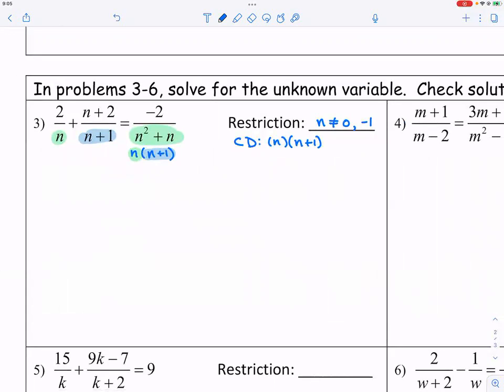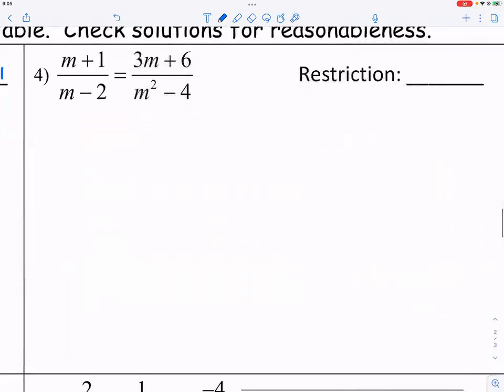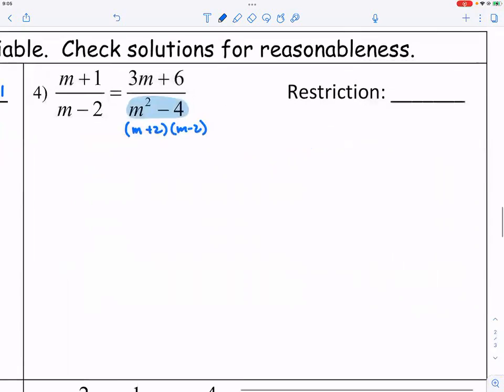See if you can find a pattern on how to get the common denominator. Right here, we see m squared minus 4, so you would immediately factor this into m plus 2 and m minus 2. If you look at the common denominator, you have m minus 2 on both fractions, and also the m plus 2 here.